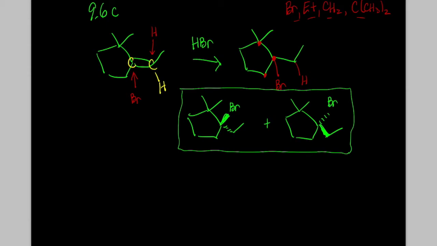Let's do problem D. Problem D, 9.6D. We have a cycloalkene. Okay. How would we number this? How would we name this?